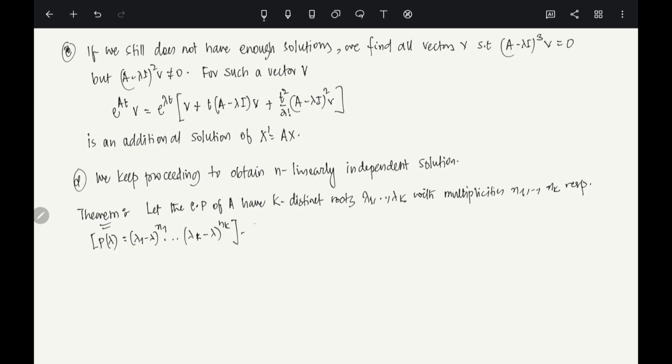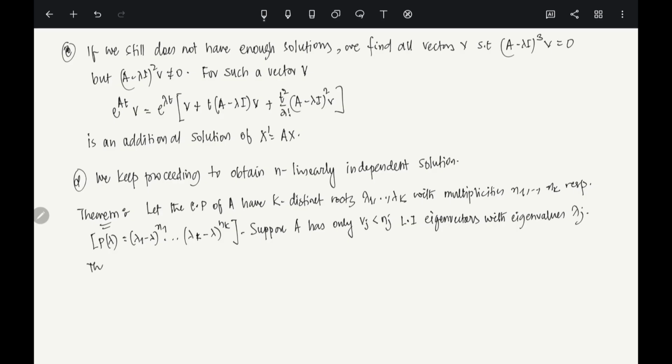Now suppose A has only vj linearly independent eigenvectors, where vj is less than nj, with eigenvalue λj. This is our assumption.